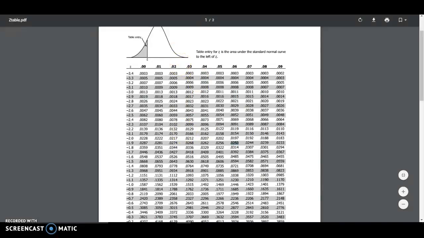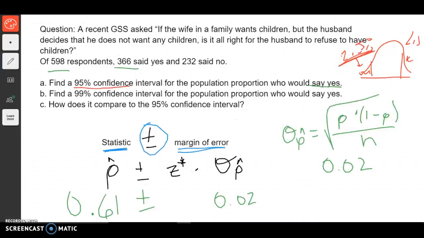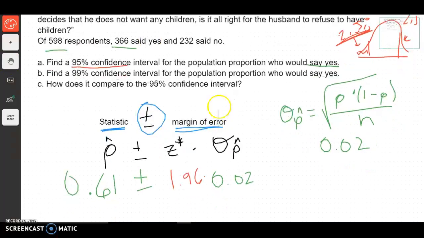Because we want 5% total, this area would be 2.5%. So our critical value would be 1.96. And you always take the positive side; you don't really ever deal with the negative.